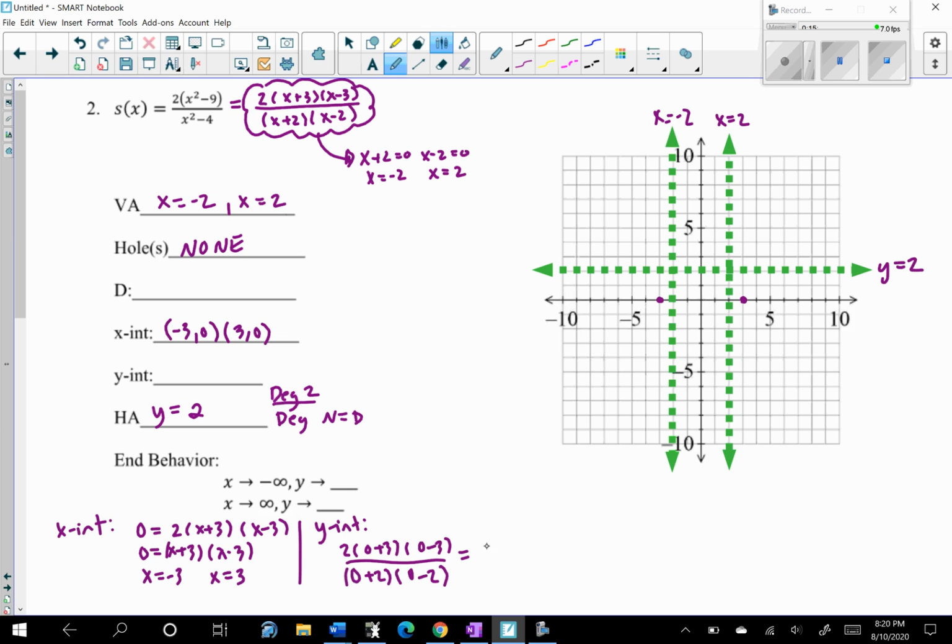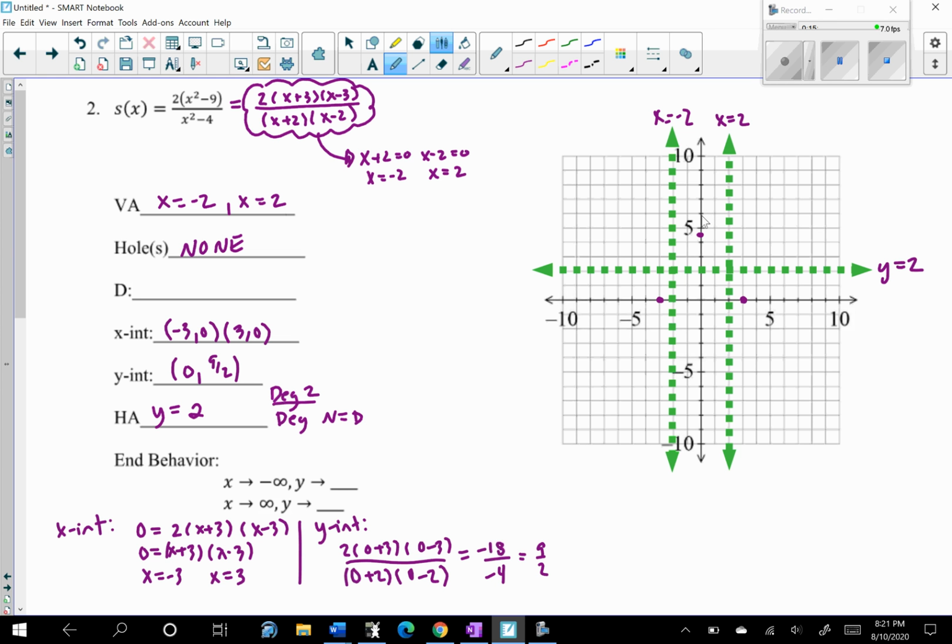And 6 times negative 3 is negative 18 over 2 times negative 2, which is negative 4. So that reduces into 9 halves. So we have a y-intercept at (0, 9/2). So if we plot that, we have 0, 1, 2, 3, 4 and a half, which would be right there.